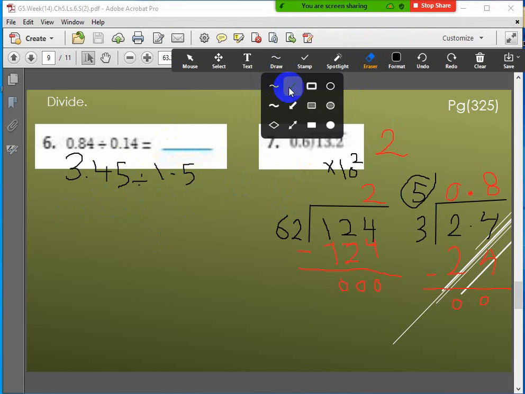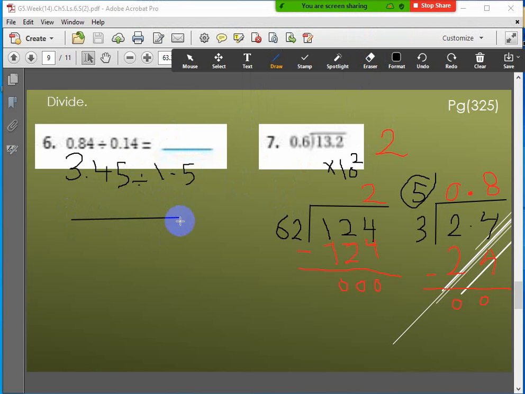So I will solve the first one in your book. Which pattern I will use to multiply it by the divisor to make it a whole number? The first power of 10, or I will multiply it by 10. So I have to multiply the divisor and the dividend with 10.